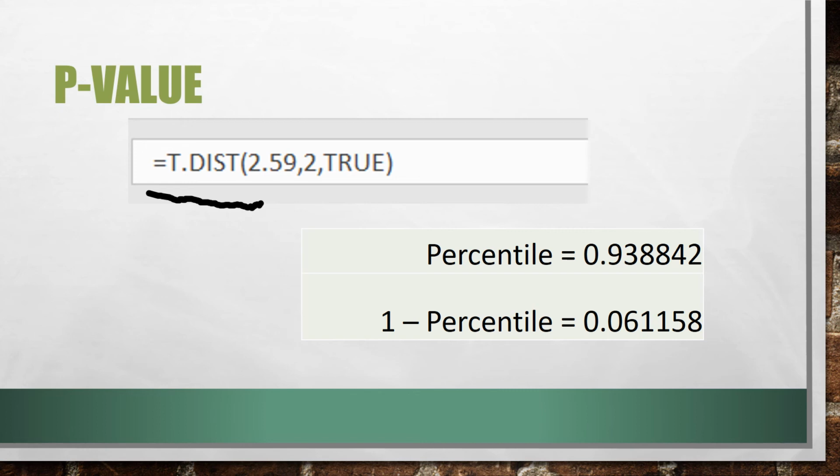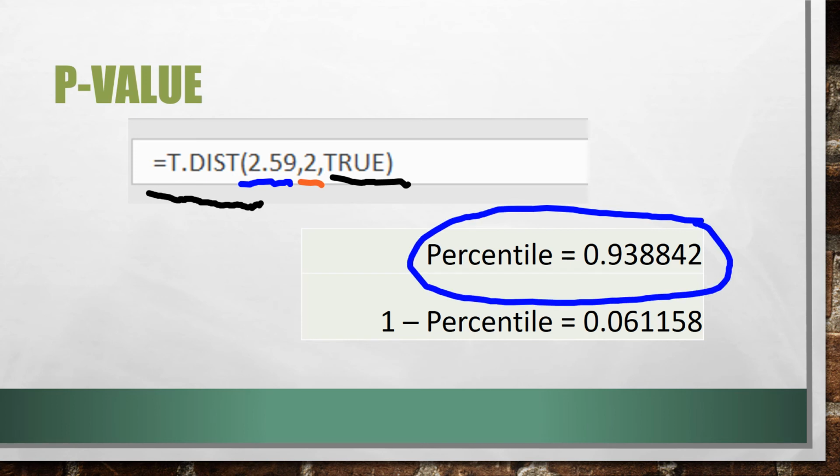And then what I'm underlining in blue is your t-statistic. And then in orange is our degrees of freedom. And then you're just going to type in true and close the parentheses. And so this will give you the p-value, okay? Actually, it will give you the percentile. So if you type this in, it will give you this percentile.